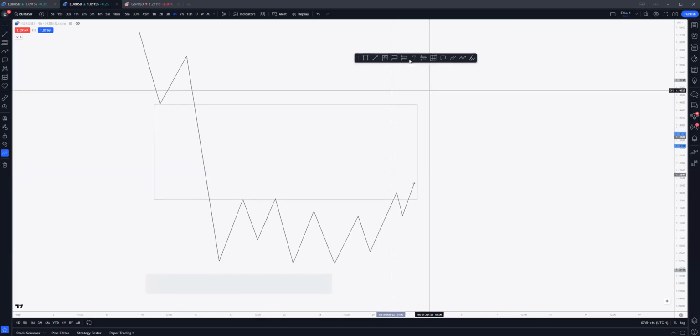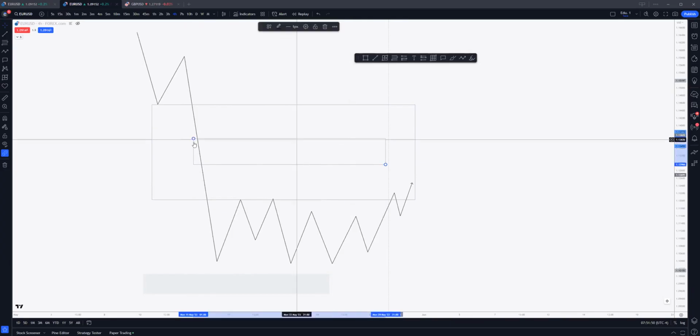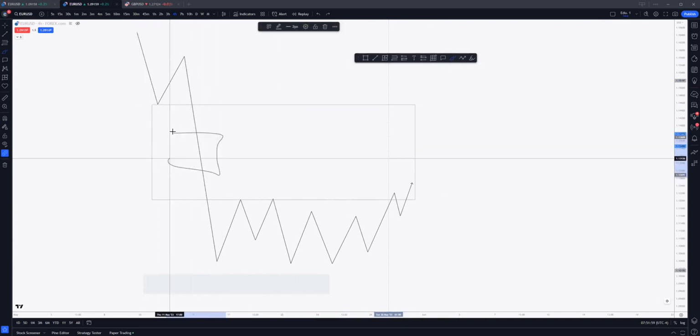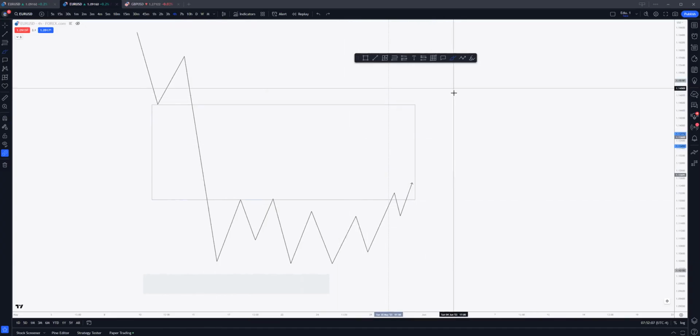So we're not stacking FVGs inside FVGs, like refinements of FVGs. No, because an imbalance is an imbalance and you prioritize the higher time frames. So even if it looks like balanced price action in here, it's still an imbalance because you always prioritize the higher time frame.